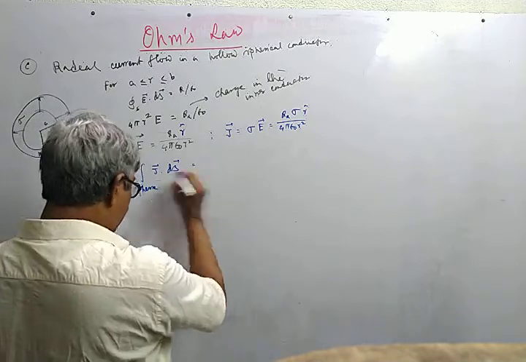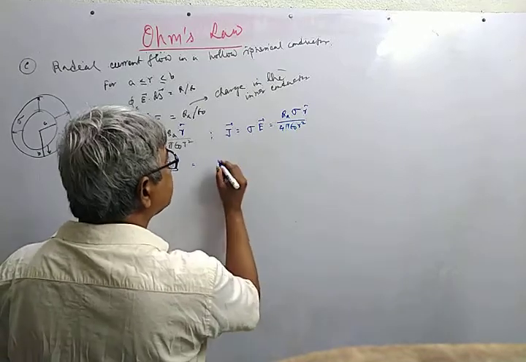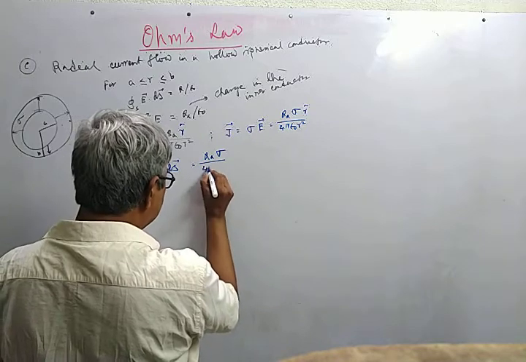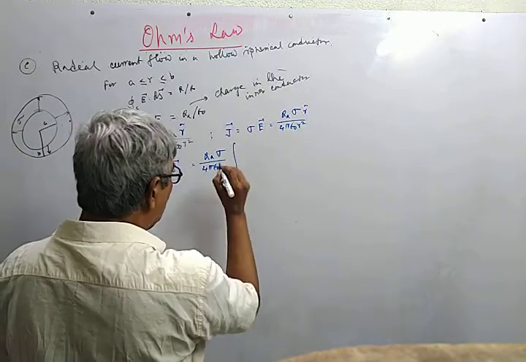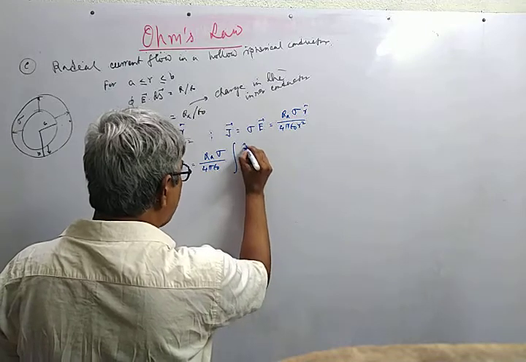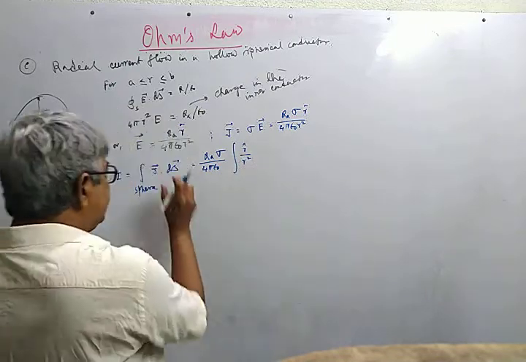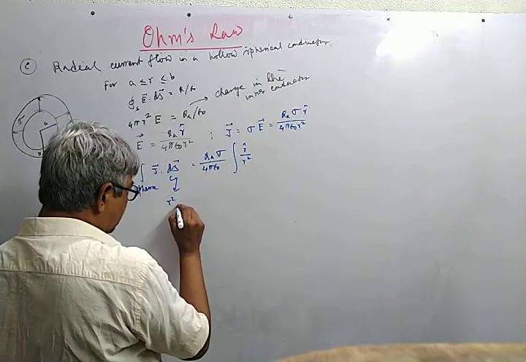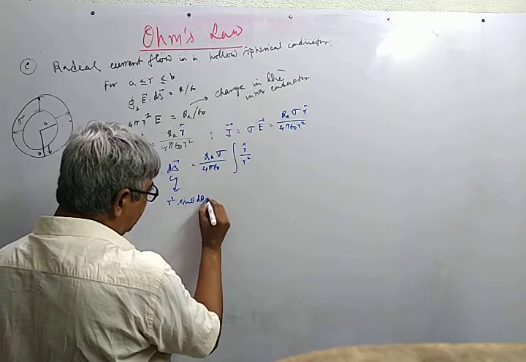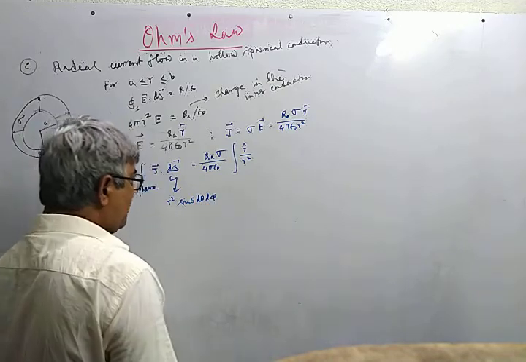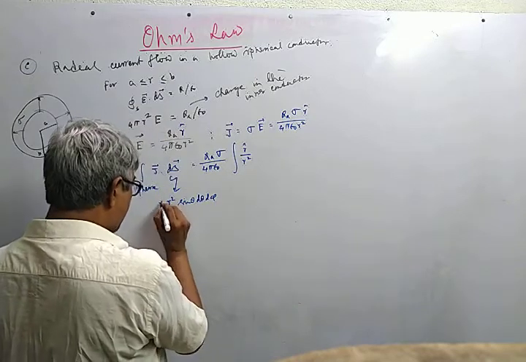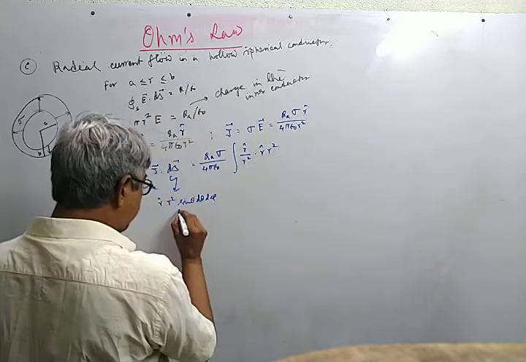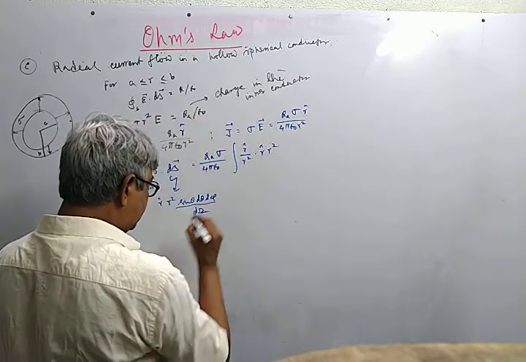So we write for J, we write the constant part outside, QA sigma by 4 pi epsilon naught, within this r cap upon r square, and this is the R equal to constant surface, so this is r square sine theta d theta d phi times r cap, so dot r cap r square, and this part is the solid angle d omega.